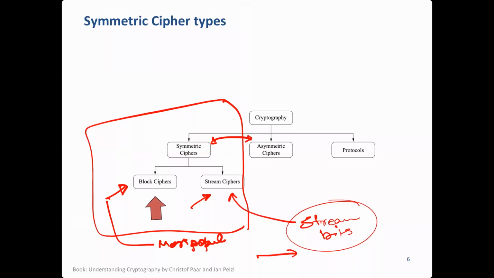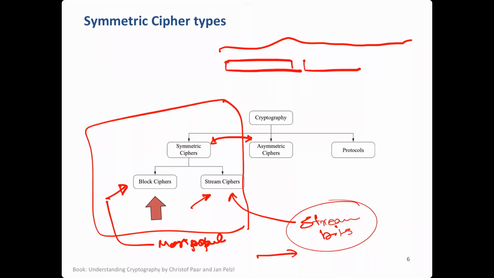A very important property of a block cipher is that whatever the input is, in terms of zeros and ones, note that everything in the digital world is finally converted to zeros and ones, whether it's a file, movie, or video. So you have zeros and ones that define any object, and it could be of various lengths, but when we are encrypting, we split that into blocks of fixed size, and each block is transformed into an encrypted block.